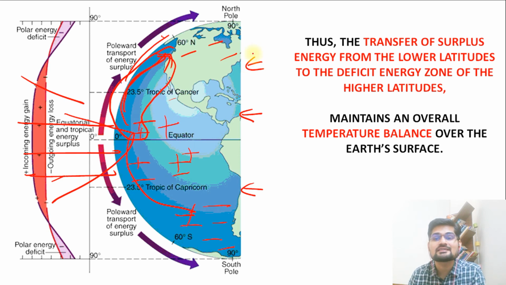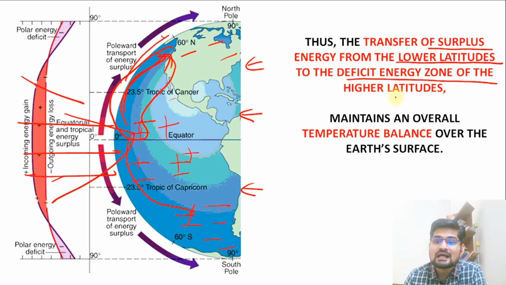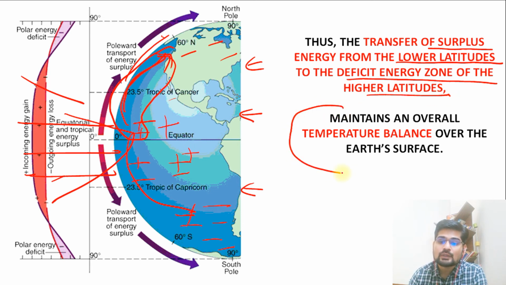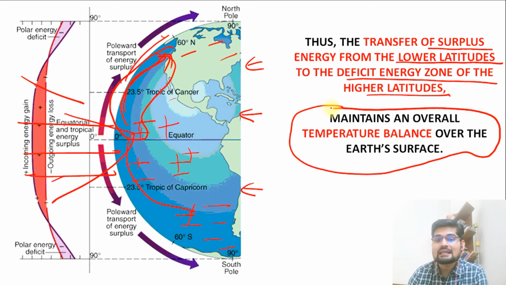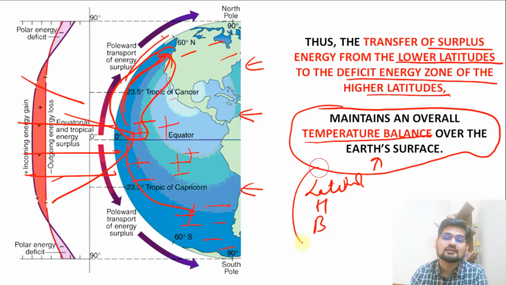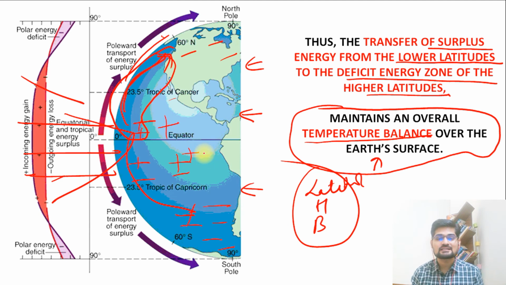So it is important to learn the transfer of this surplus energy from lower latitudes to the deficit energy zone of the higher latitudes. And this is where this entire balance is maintained. So the maintenance of overall temperature balance over the Earth's surface is only due to this latitudinal heat balance factor.